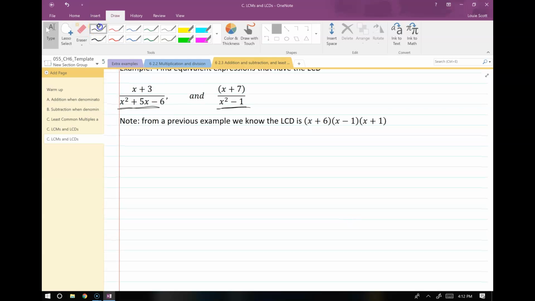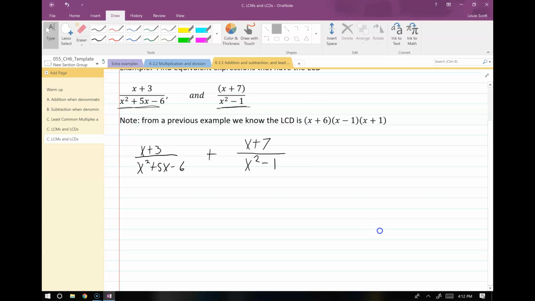Suppose I was going to add x plus 3 over x squared plus 5x minus 6 and x plus 7 over x squared minus 1.